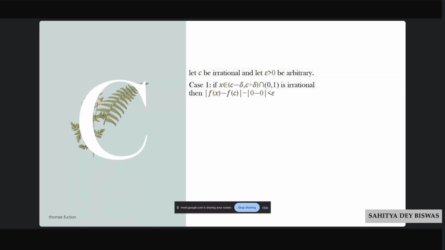This delta is greater than 0. I choose epsilon greater than 0 and also delta greater than 0, and I take the distance delta from c on both sides.